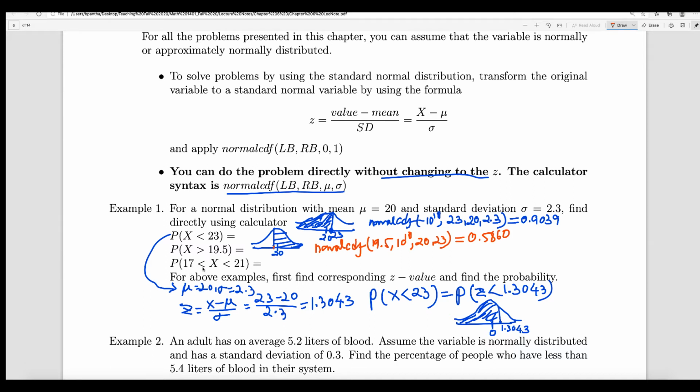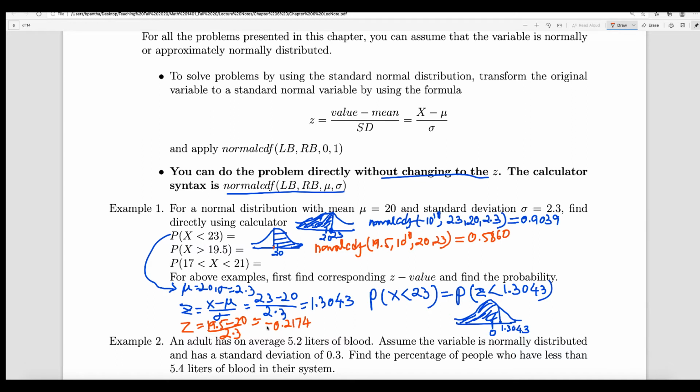For the last one, you can do this exactly similar to what we did here. You find g using x minus mu over sigma. So g will be 19.5 minus 20 over 2.3. I got negative 0.2174.